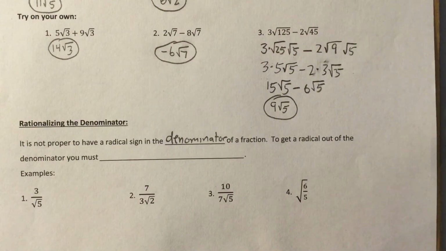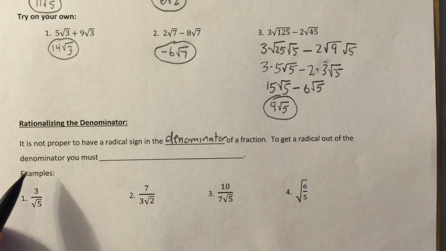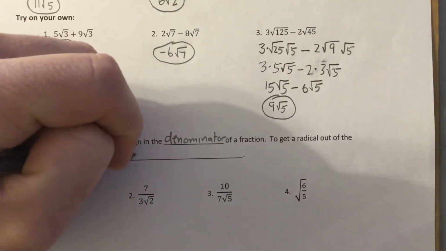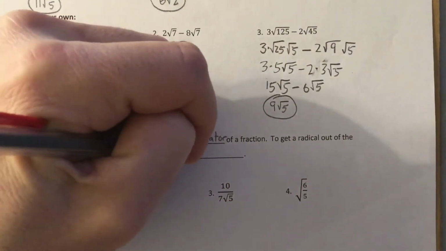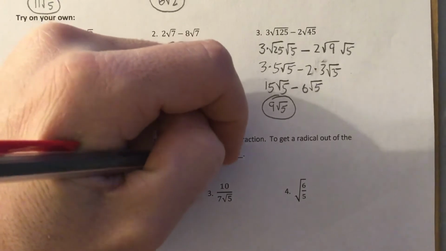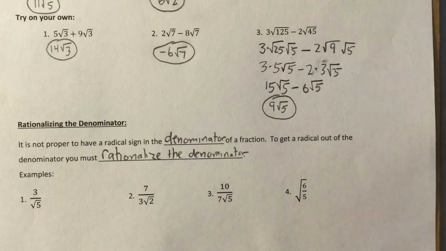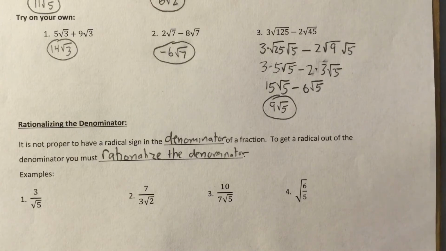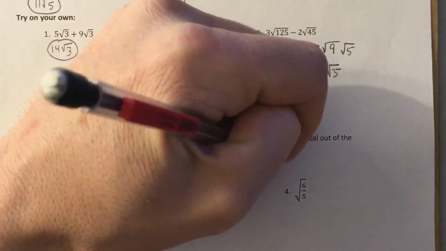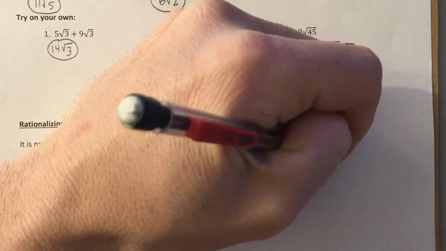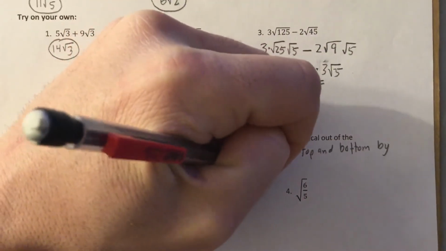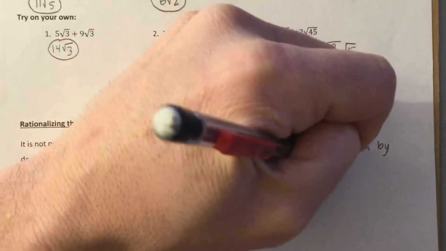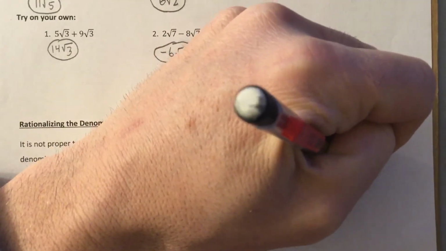To get the radical out of the denominator, you must rationalize the denominator, which means you multiply top and bottom by the radical that's in the denominator.